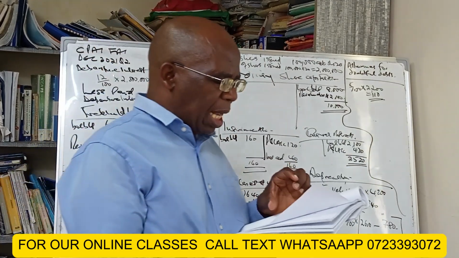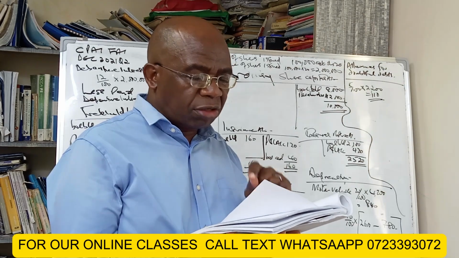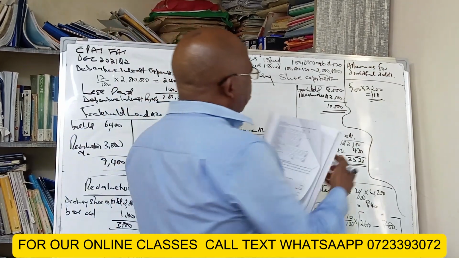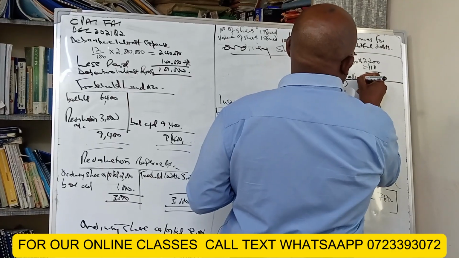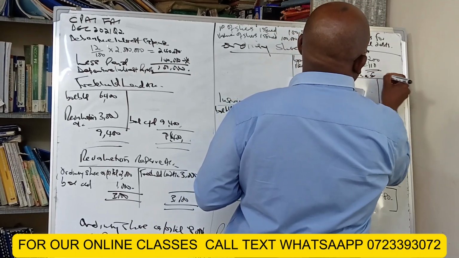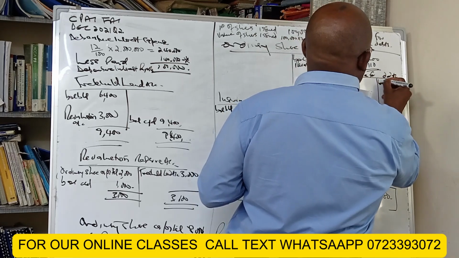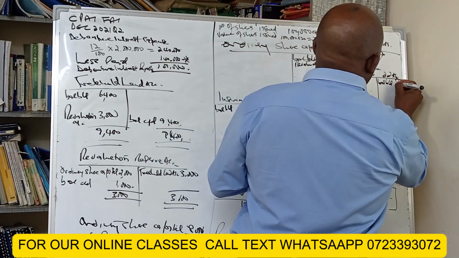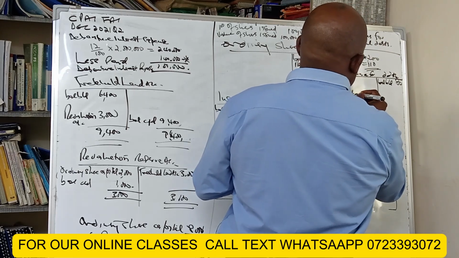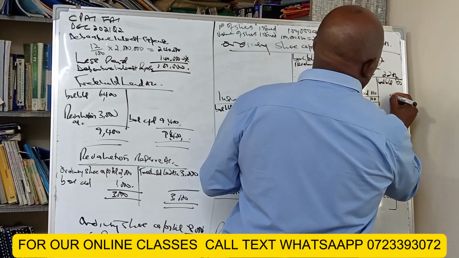If you look at the trial balance, the last item gives you the opening allowance for doubtful debts of 80. So if we were to prepare the allowance for doubtful debts account, balance brought down is 80, balance carried down is 110, so the total is 110 both sides.